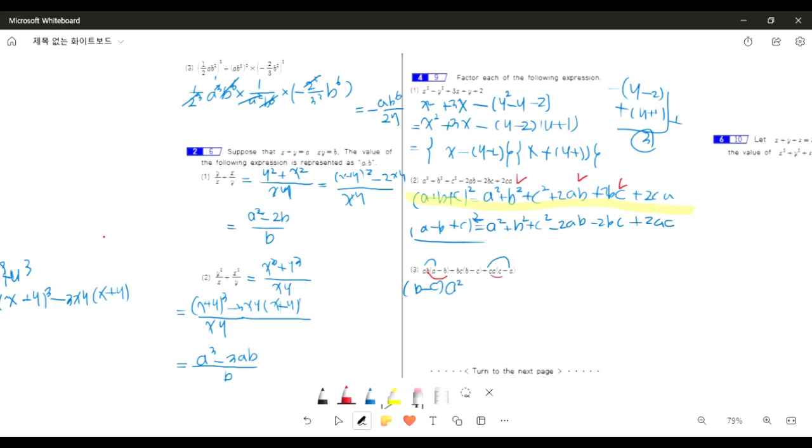So minus (b² − c²) times a, and the left term plus bc times (b − c). So factoring out the common factor (b − c), then (b − c)(a² − (b² − c²)), where b² − c² equals (b − c)(b + c).